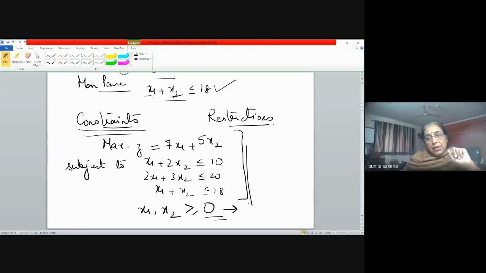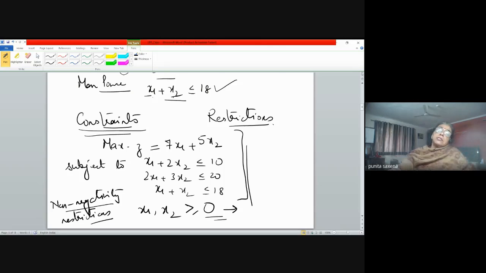That is why it is called the non-negativity restriction. That means we are restricting our variables to take only non-negative values, ensuring that my variables will never be negative.